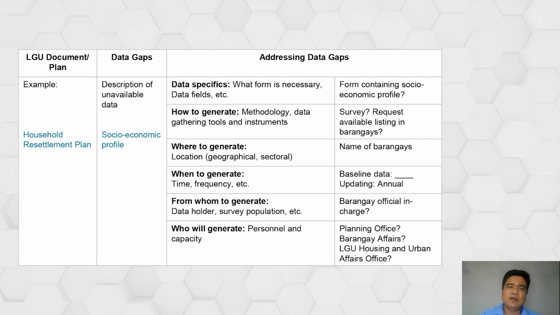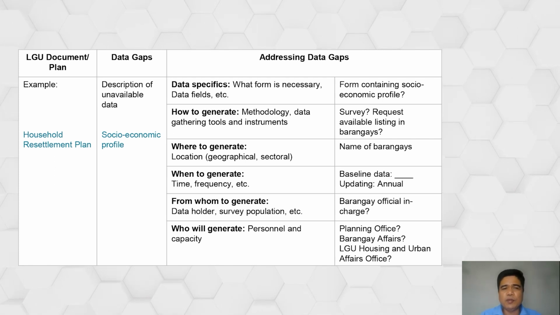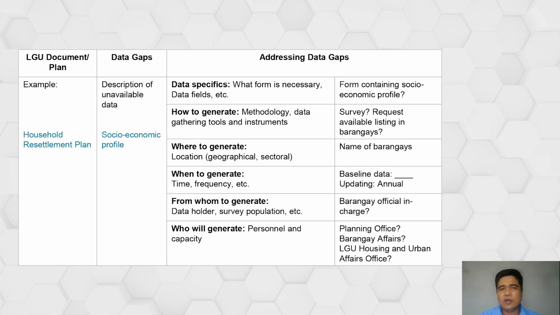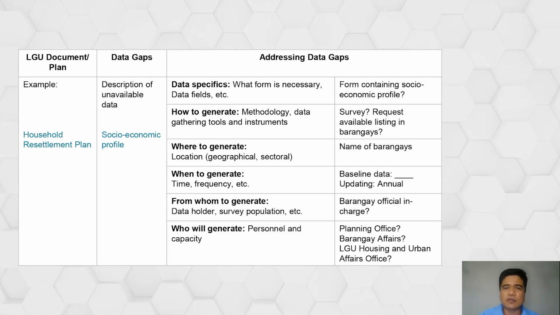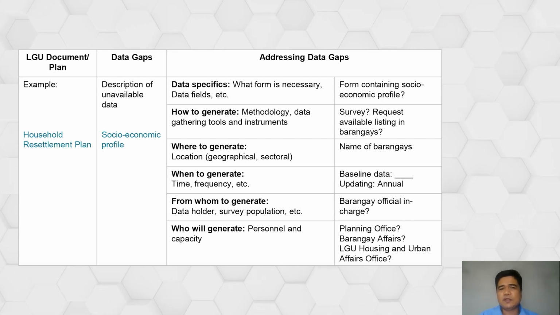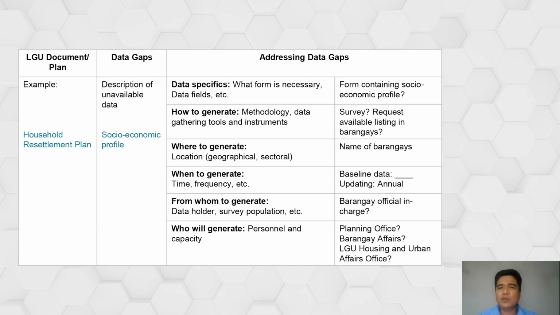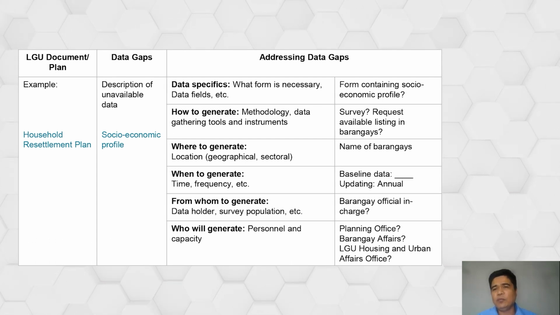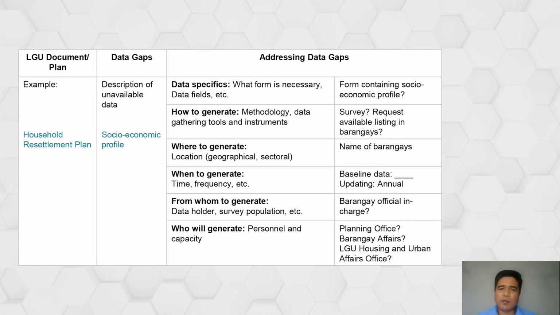And here, based on the example, we list the socioeconomic profile of the households, the informal settler households. And then we provide the data specifics. We have no data on socioeconomic profile. So what do we need? So we need a form. We need a data set containing socioeconomic profile of the informal settler households.